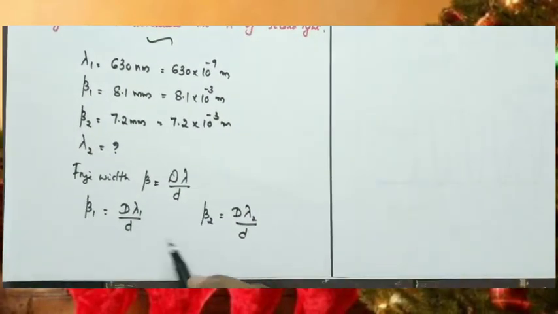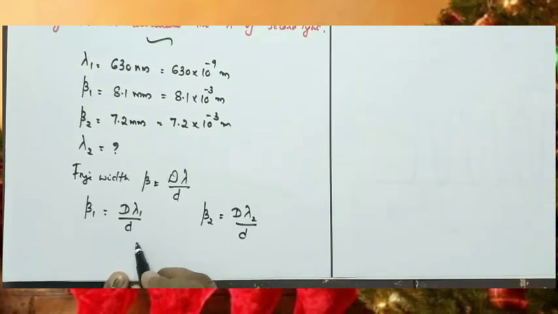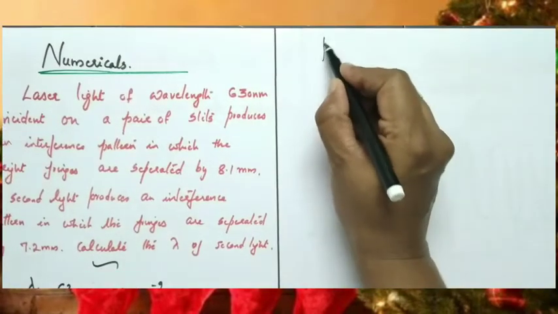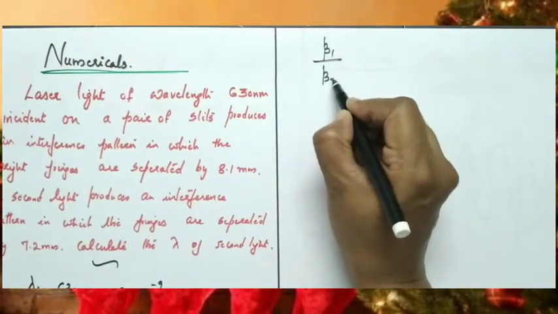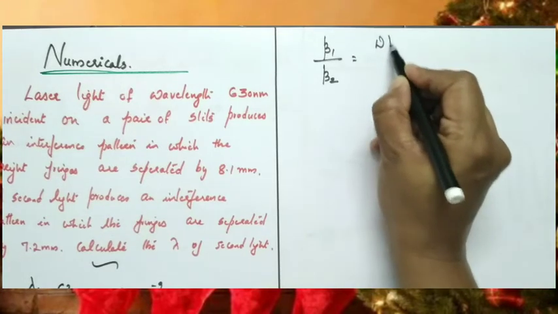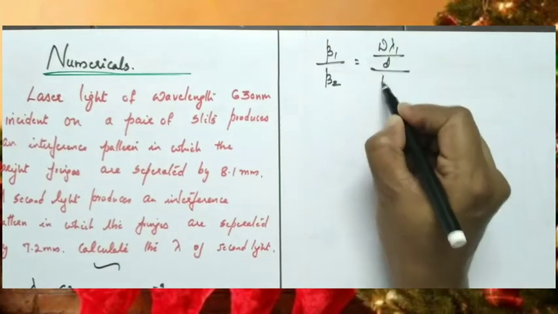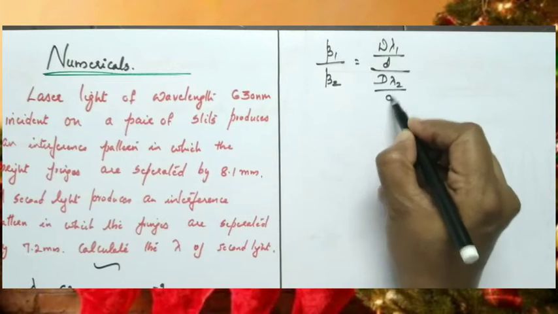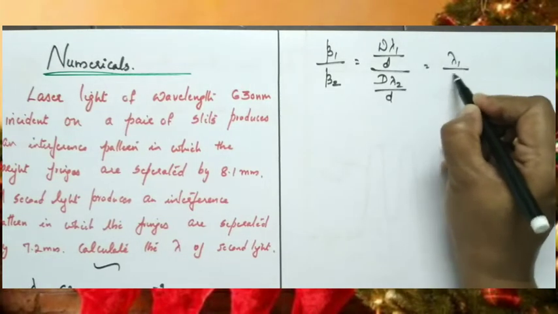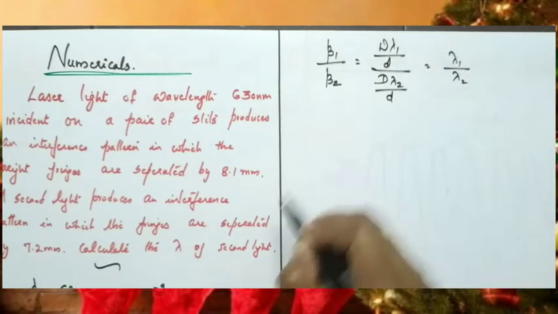Now we have to find lambda 2. So just divide the two equations, beta 1 by beta 2. We have beta 1 by beta 2 equal to d lambda 1 by D, the whole divided by d lambda 2 by D, so that is equal to lambda 1 divided by lambda 2.